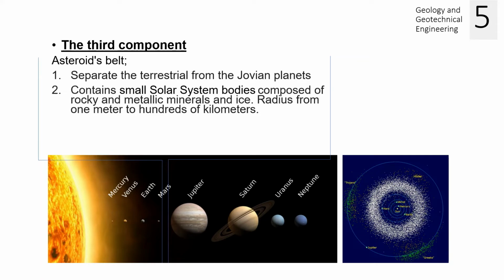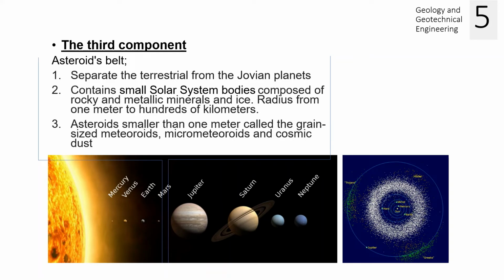The radius of these asteroids varies from 1 meter to several hundred kilometers, and asteroids smaller than 1 meter in diameter are called grain-sized meteoroids, or micrometeoroids, and the finer ones are called cosmic dust.